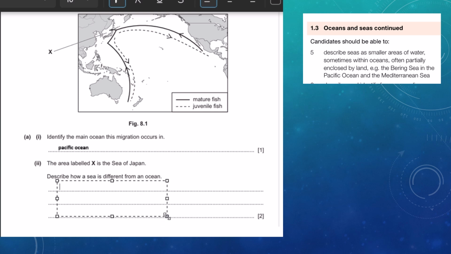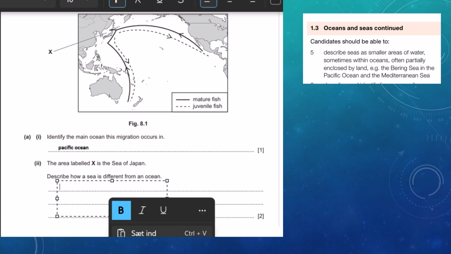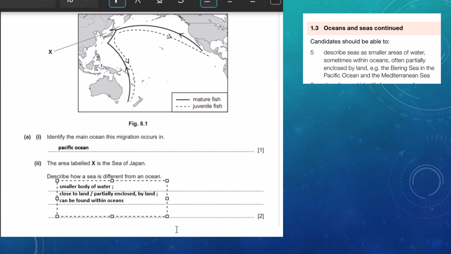There's 2 points, so you have to come up with these 2 things. Now I'll say, well, a sea is a smaller body of water. It is closer to land, or in this case particularly close by land, and they can be found within oceans. But just 2 of them will be enough to get the points.